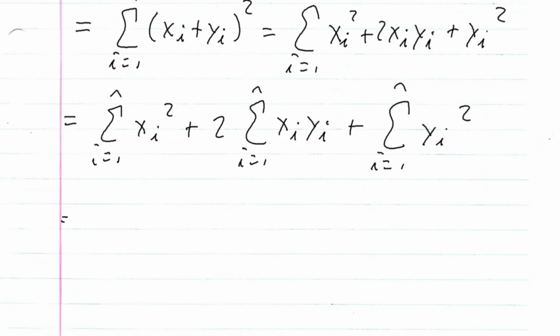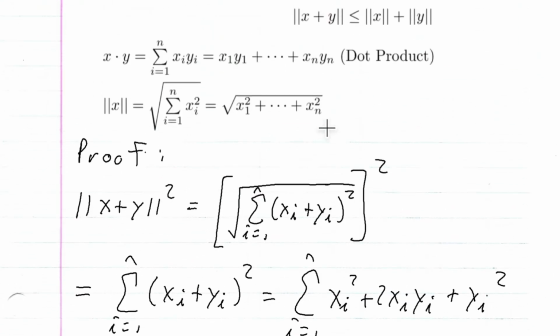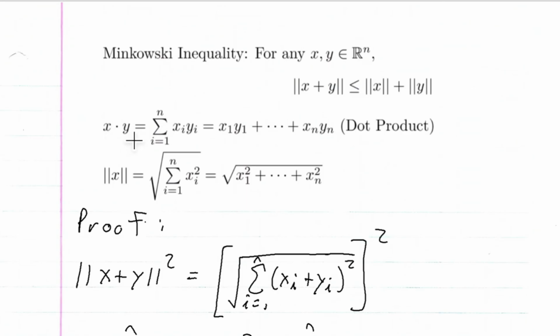Now, I want to get the norm of x squared, and I can get that using this term, right? Since this is positive, I know this is equivalent to, parentheses, the square root of the sum from 1 to n of x sub i squared, and I know the sum from 1 to n of x sub i times y sub i, by definition, is the dot product.